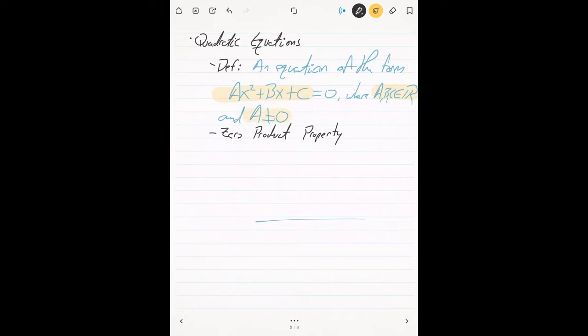And you might ask yourself, why is it that a cannot be 0? Well, hopefully you recognize that if we, for example, had the equation 0x squared plus 2x minus 5 equals 0, we could simplify that to 2x minus 5 equals 0, and that's no longer really quadratic, is it?